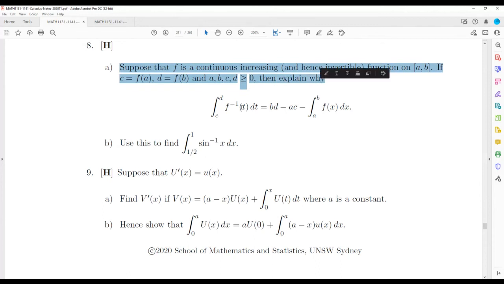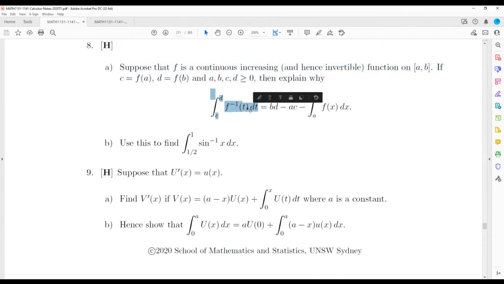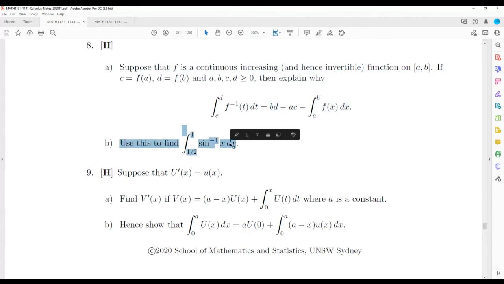If we define these things this way, then explain why the integral of the inverse is equal to this, and use this to find the integral of this inverse. So this is a difficult question if you don't know where to start. I think there's a hint in the course pack saying to draw a picture. So that's what I'm going to do. I'm going to draw a picture.